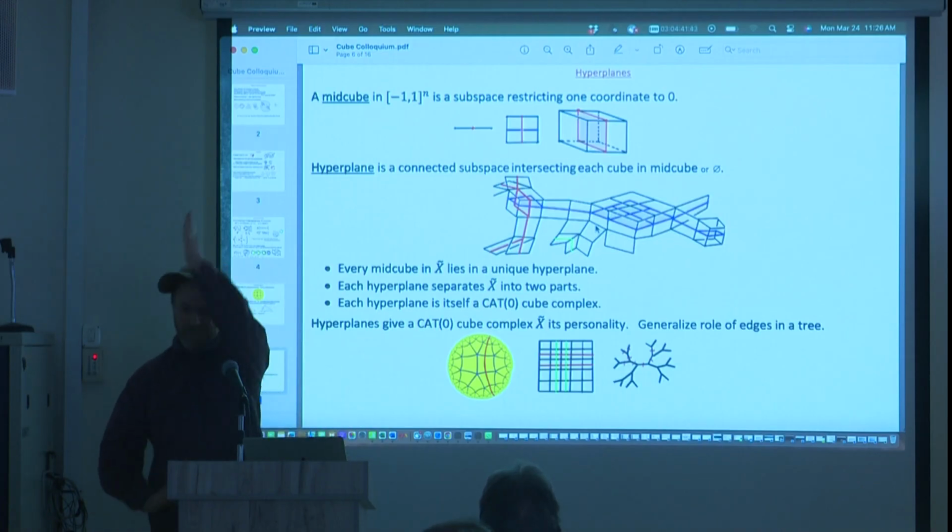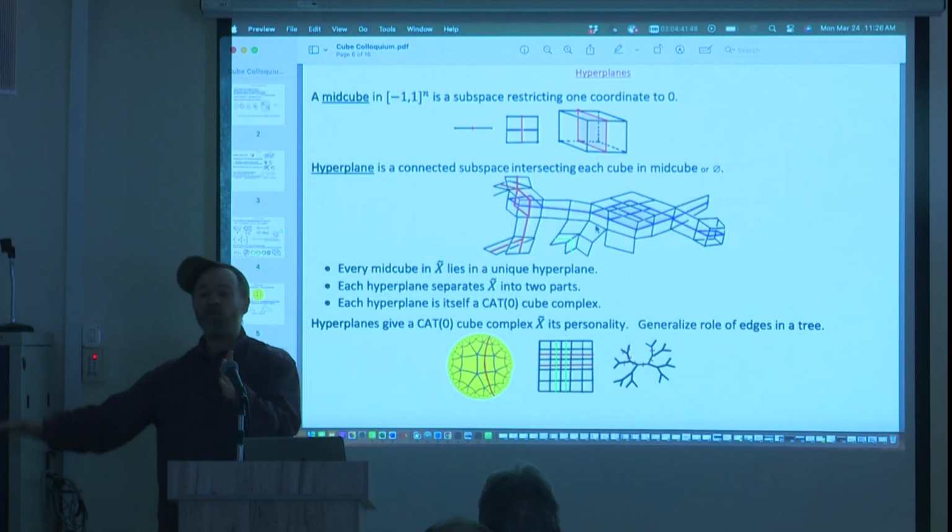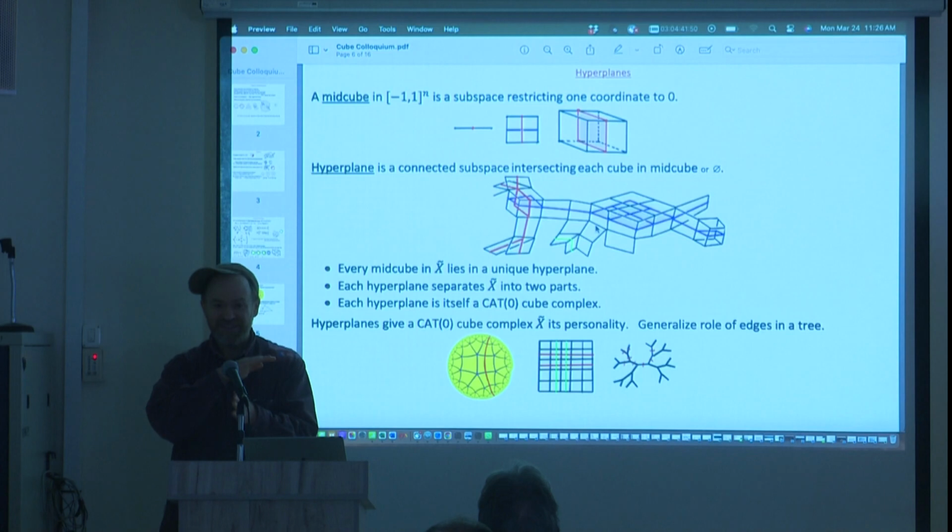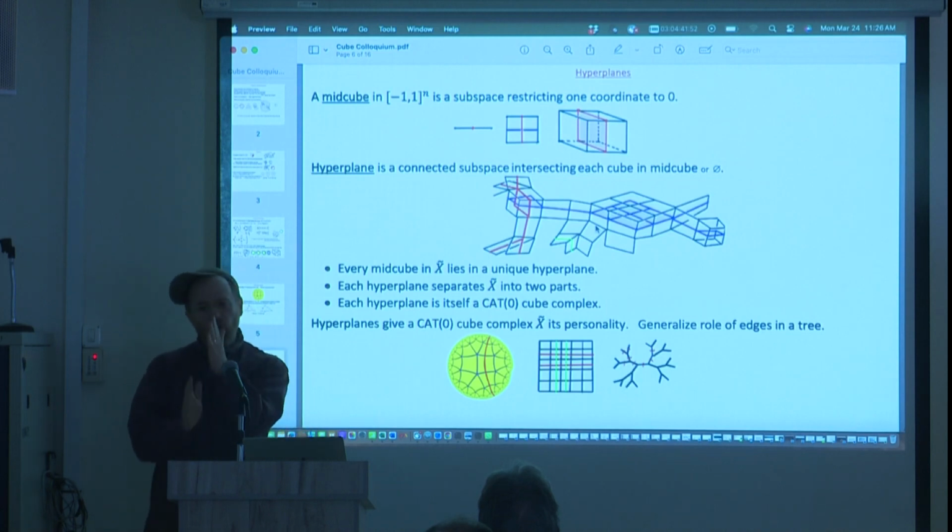Because it just, boom, it just goes. It's forced to go in a certain way. And it doesn't come back and crash into itself. Okay? And it locally separates because the hyperplane has a product neighborhood, exactly by the way we're describing it.